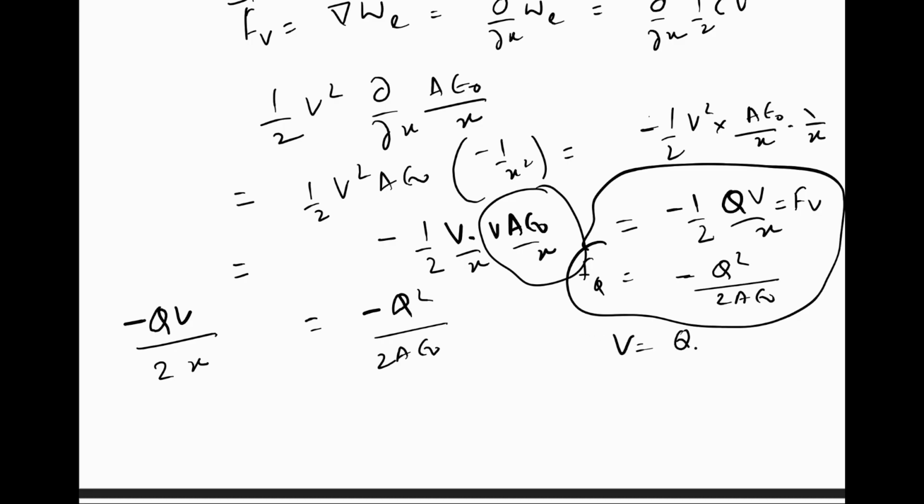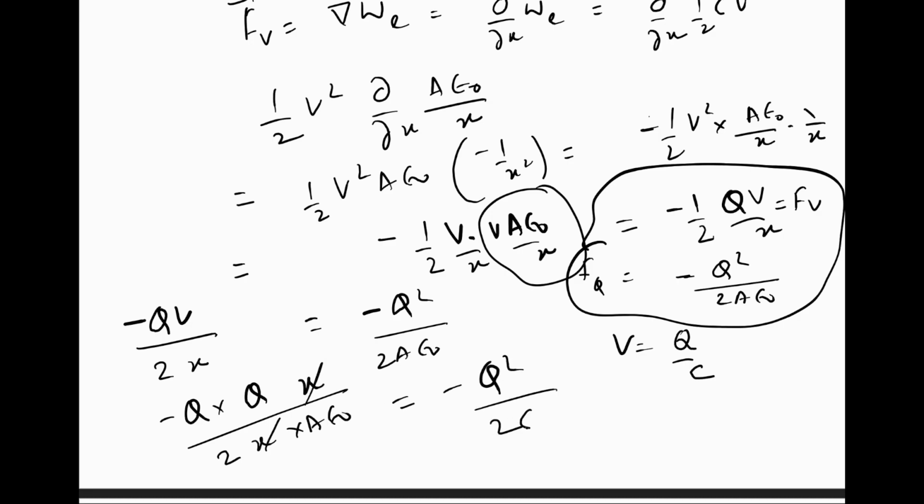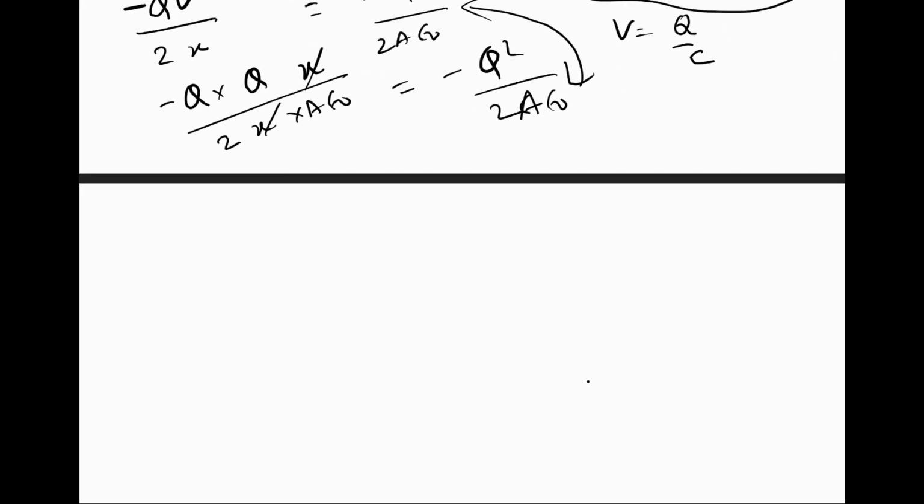V is equal to Q by C, so I will put this: minus Q into Q by C, and C is A epsilon naught over x. So clearly this is equal to minus Q square by 2A epsilon naught. Both are equal. So you see that both formulas give the same force, and the direction is also the same.